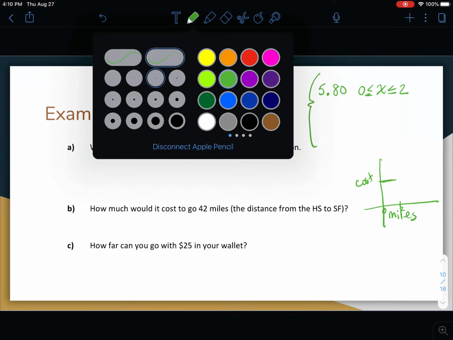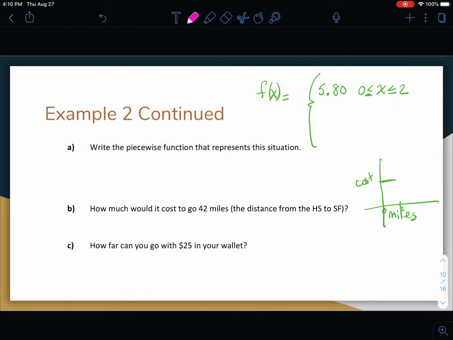Okay, now we need to think of the second piece. So the second piece is saying, hey, if you travel more than 2 miles, you're going to be charged $1.20 for each additional mile. So it's going to be $1.20 times each mile greater than what you've already traveled. Now let's say I did this.